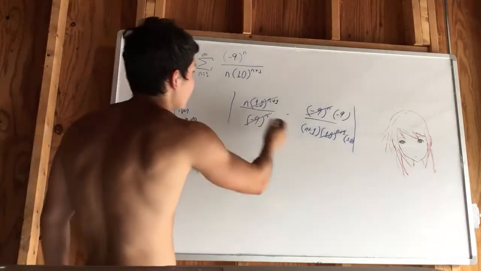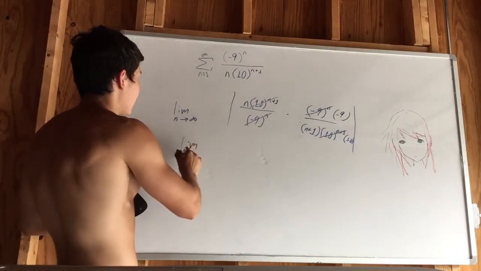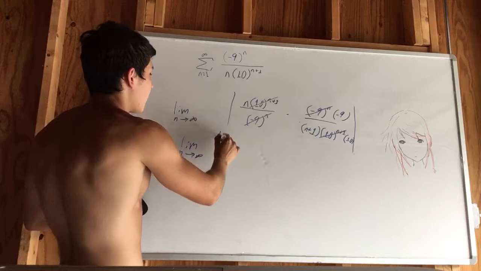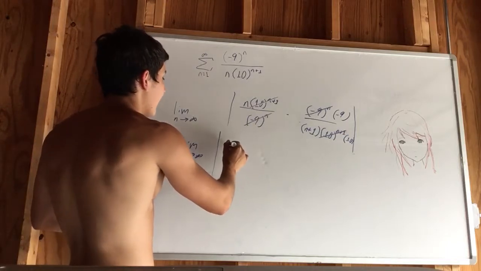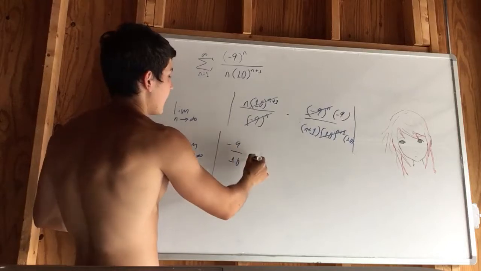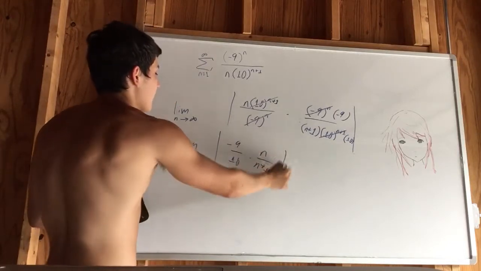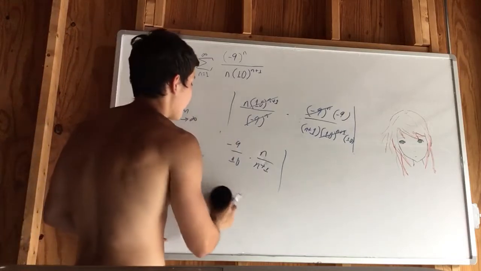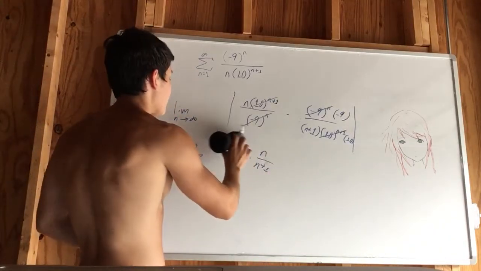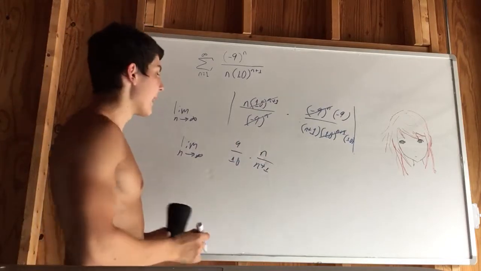You certainly can't cancel that n with that, because that's being added there. It's its own term. And so we're left with negative 9 tenths times n over n plus 1. This becomes positive, obviously, when we apply the absolute value, and this is just 9 tenths. Now we can divide everything in there by n.